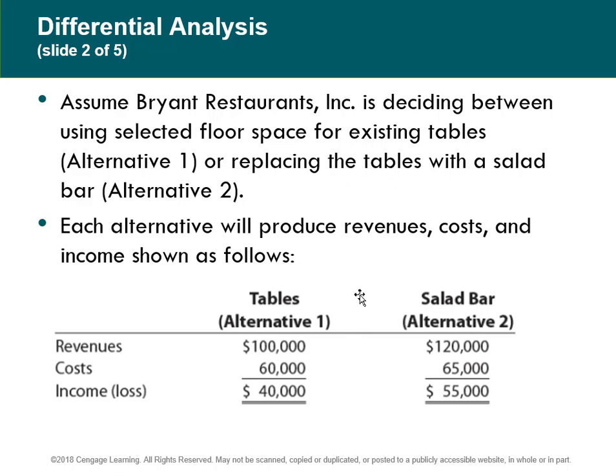Each alternative has revenues, costs, and income. The revenues with the tables are $100,000. They think the salad bar is going to bring in $120,000. The costs are $60,000 and $65,000. So we've got income of $40,000 with the first one and $55,000 with the second. The real point here is the format.